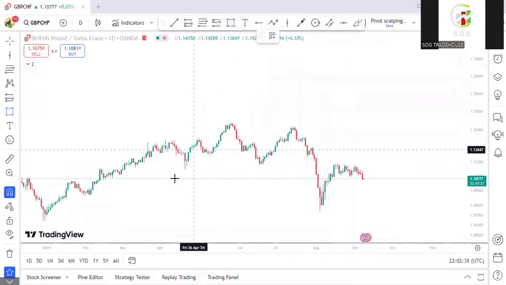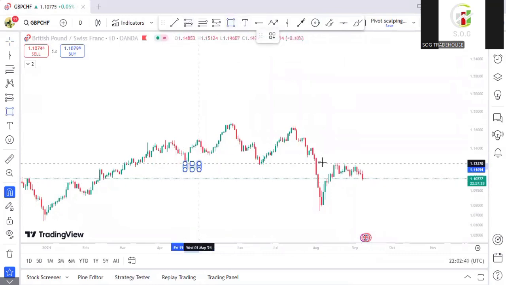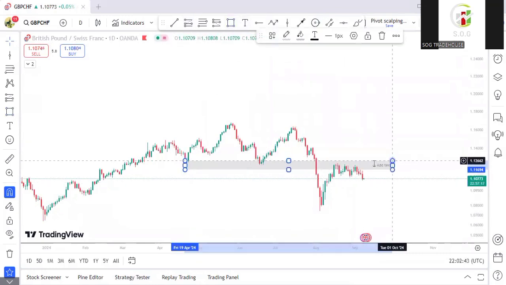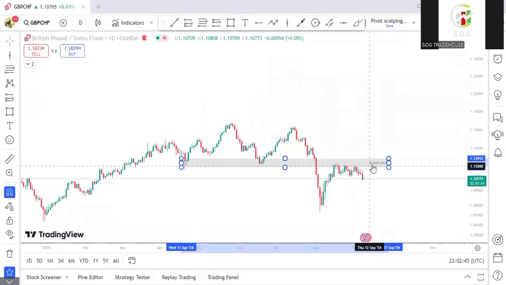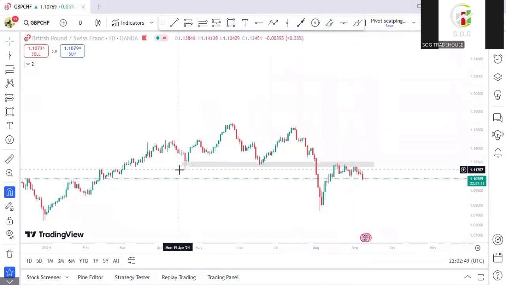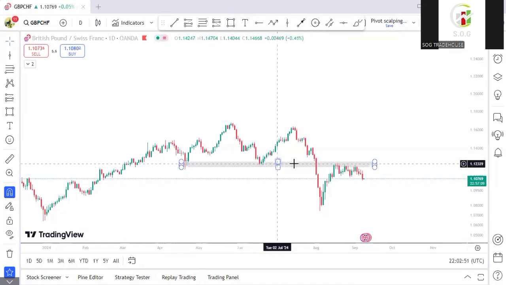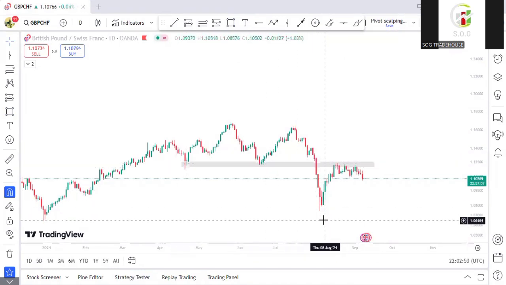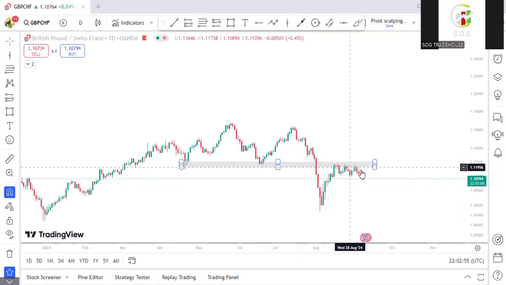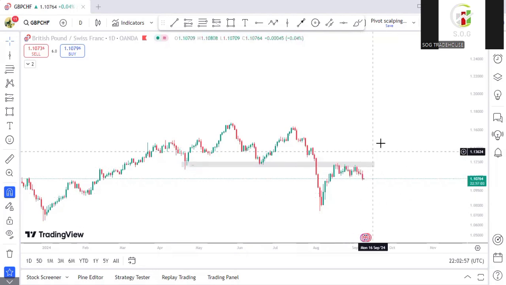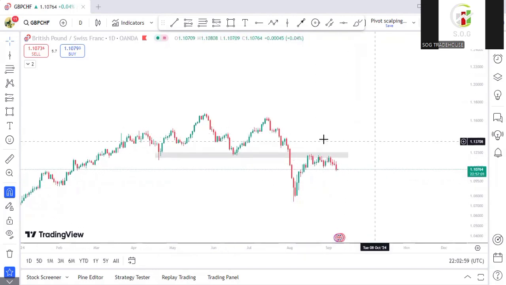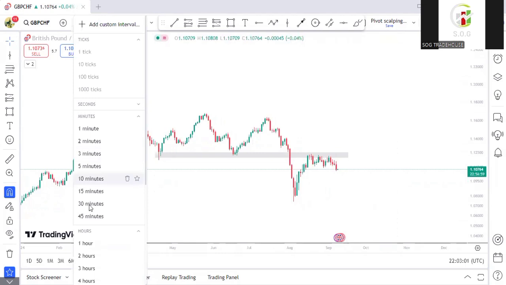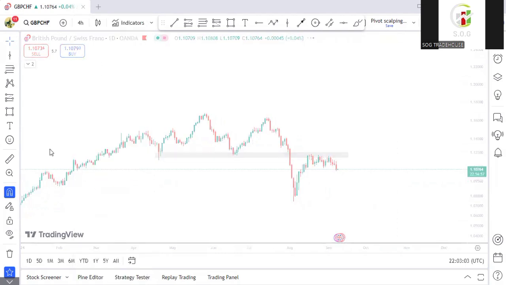So on GBP CHF, what can we see here? The market is respecting this resistance over here. So you can see support, it was broken, now it became resistance. Currently, the market is moving to the downside. So let's go down to the 4-hour time frame to see how we can join the move to the downside.